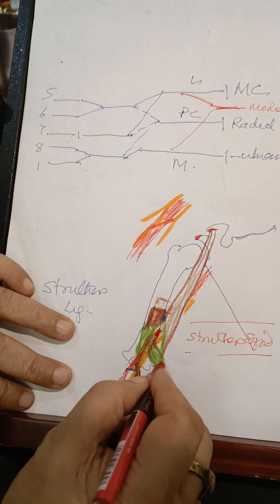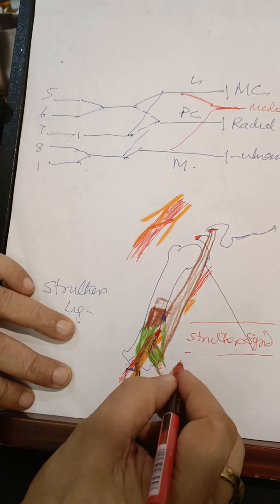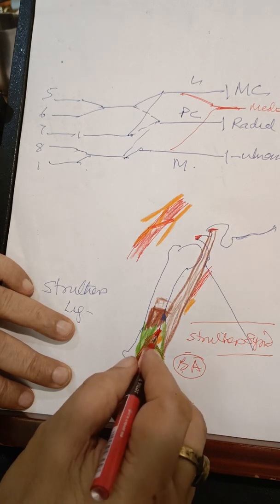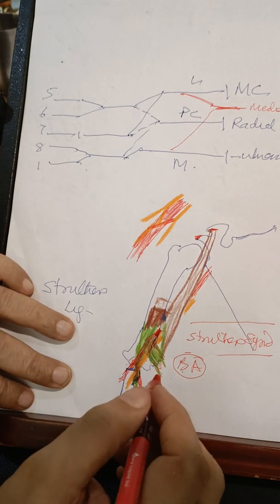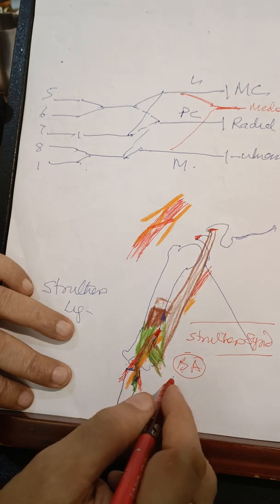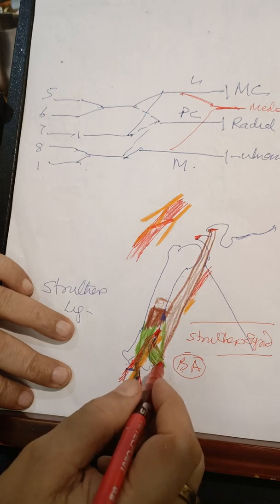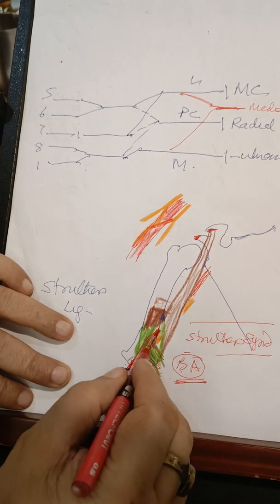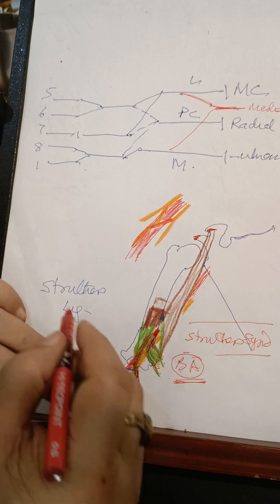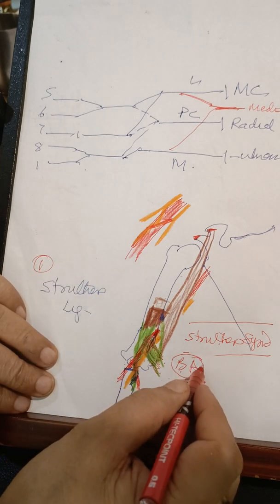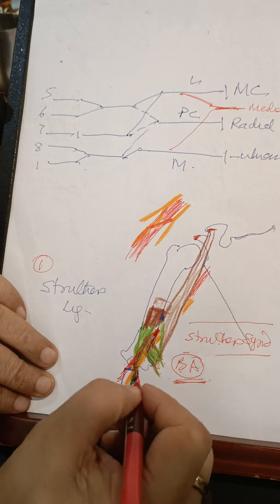So the second site of compression is this bicipital aponeurosis, which must be divided in doing a fasciotomy to relieve vascular insufficiency in injuries of the upper limb. This bicipital aponeurosis is the second site of entrapment. First the Struther syndrome, the second is bicipital aponeurosis.